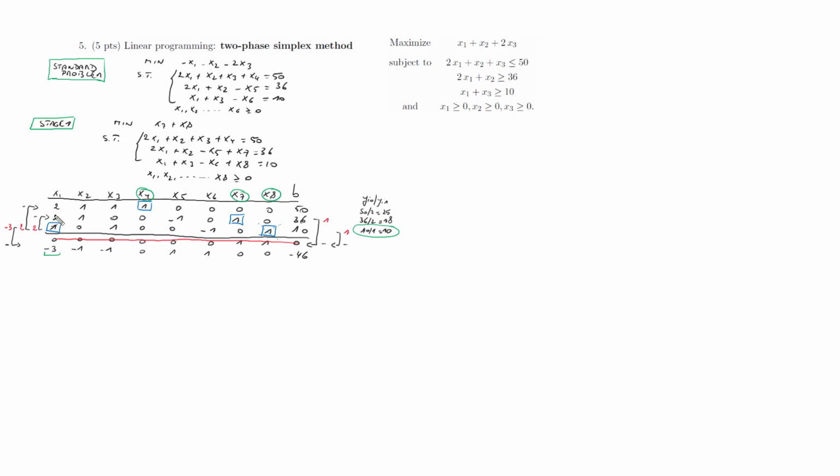x1 is joining the base, right? And of course x8 has to leave the base, right? This is the new pivot. We have to create zeros above and below the pivot, and this is why we need these three elementary row operations to create zeros over here, here and here.